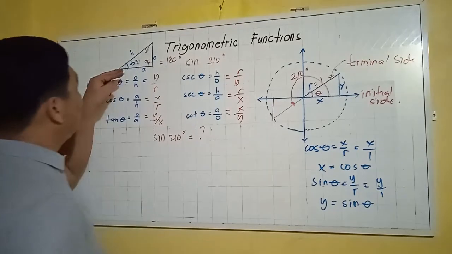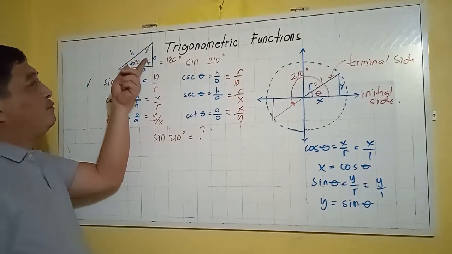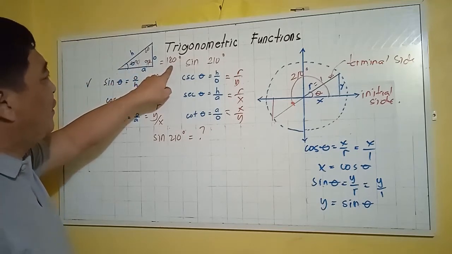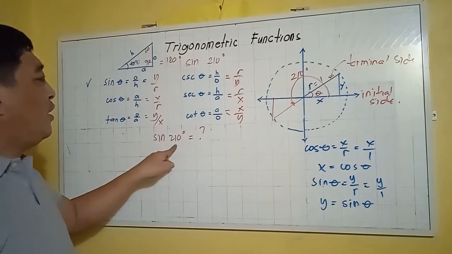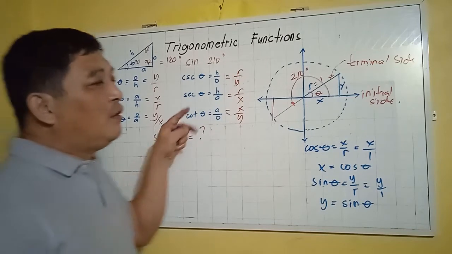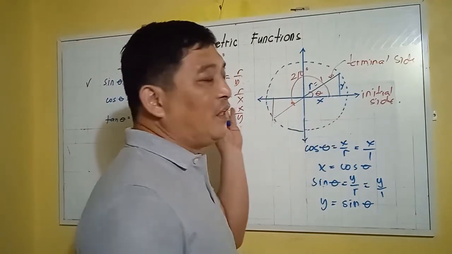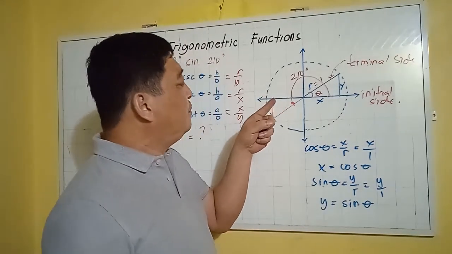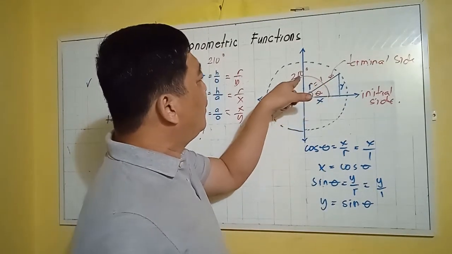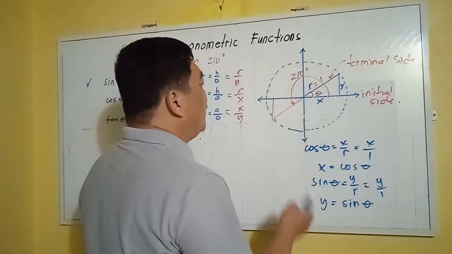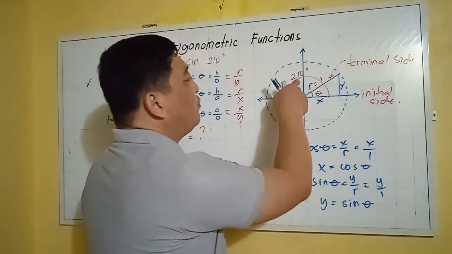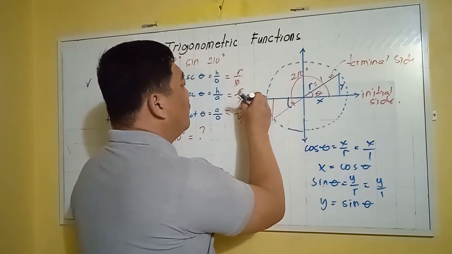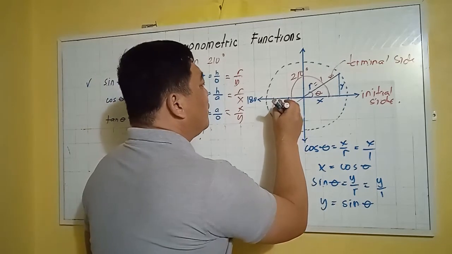Since we know that the inside sum of a right triangle is only equals to 180 degrees. Now we have sine 210 degrees. We are always considering the x-axis, as I said earlier. So the measure of this angle is also equivalent to, if we subtract 210 by 180, we have 30 degrees.